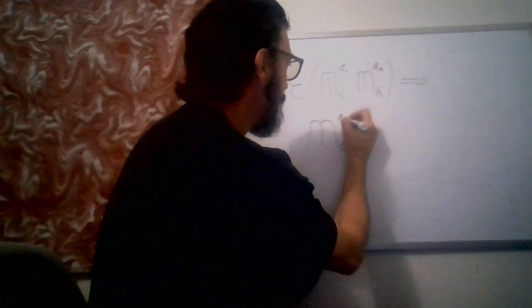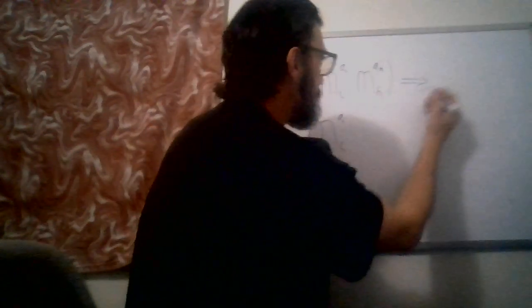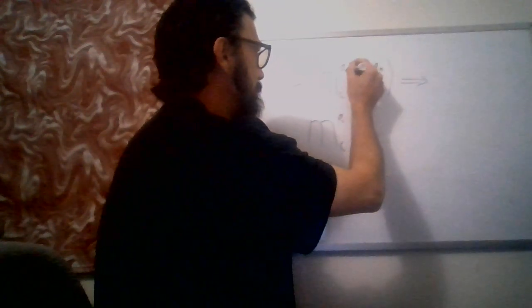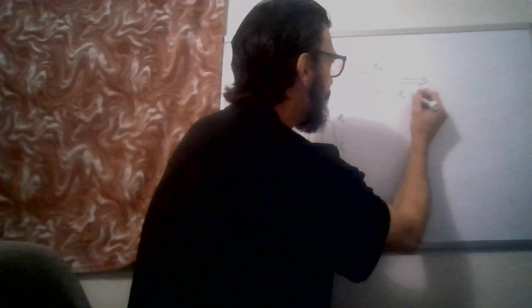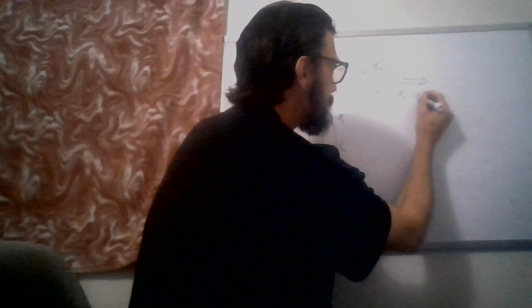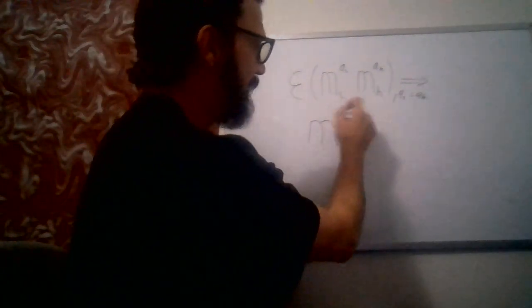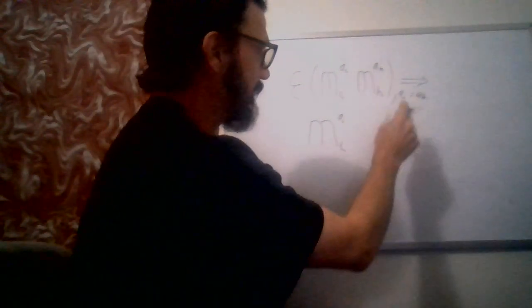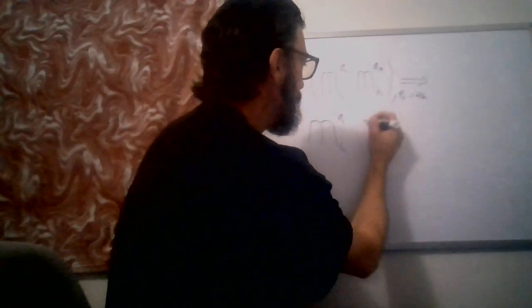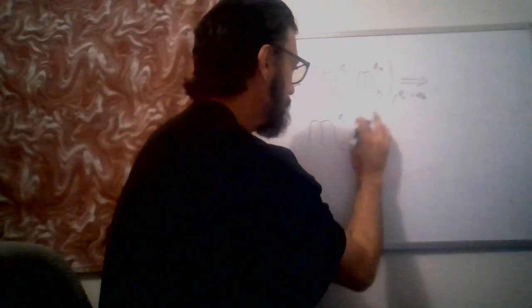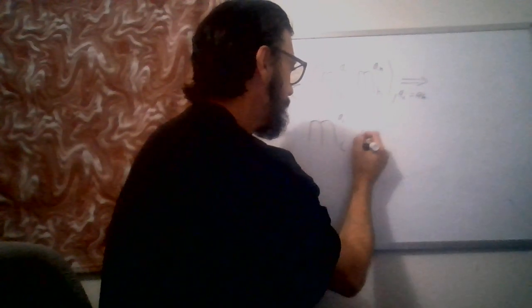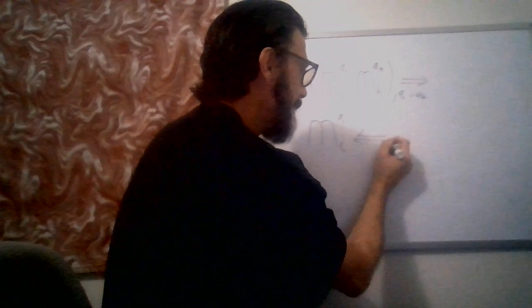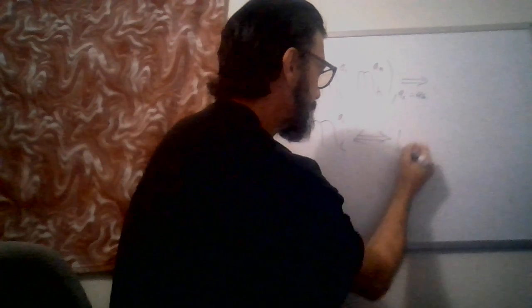I'll just use mi1 and mh1, just so I don't have to write it up there, as an example. And this is that standard equivalency I was telling you about.